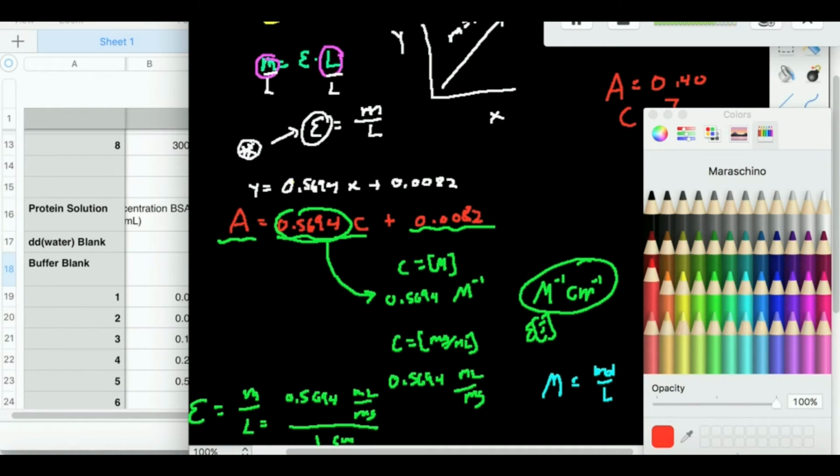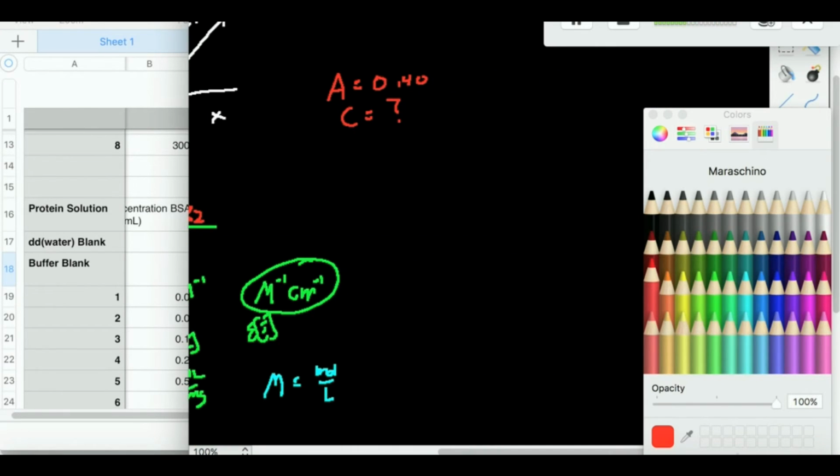So how do I solve for concentration? My equation is A equals epsilon L times the concentration plus the y-intercept. How do I find the concentration? I first subtract B, the y-intercept, from both sides, so I get A minus the y-intercept equals epsilon L times the concentration.